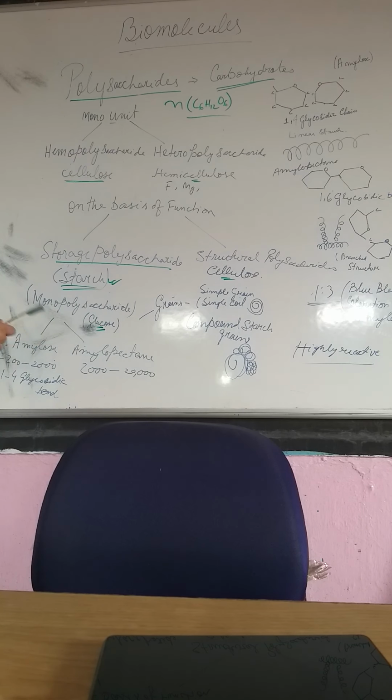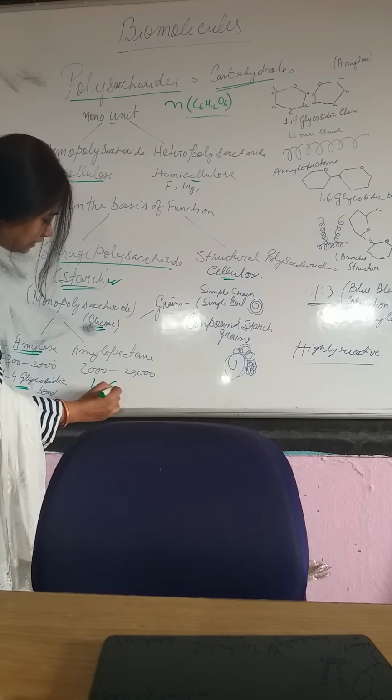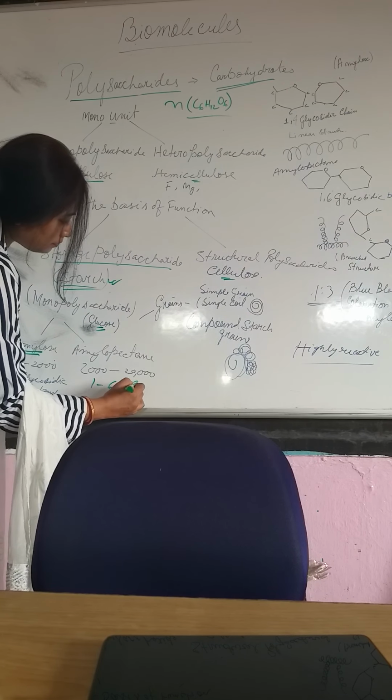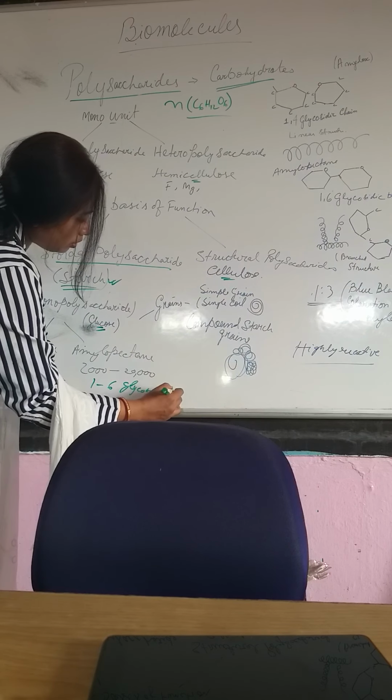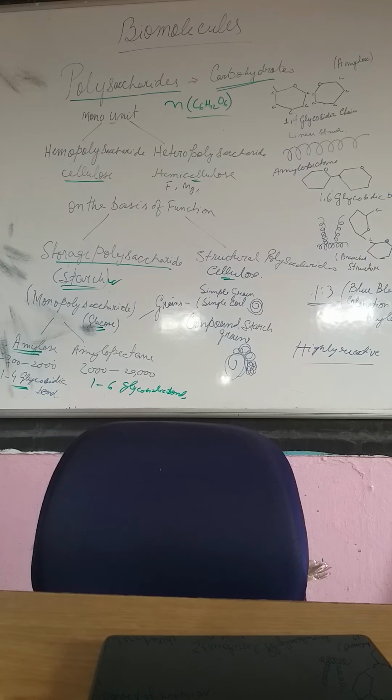Molecular weight wise, amylose is 200 to 2000. Amylose has 1,4 glycosidic bonds, and amylopectin has 1,6 glycosidic bonds. Okay, it is 1,4 and 1,6. This is the glycosidic bond.